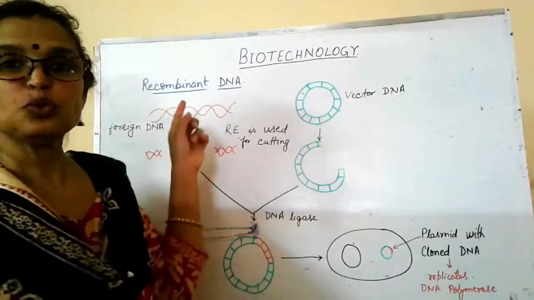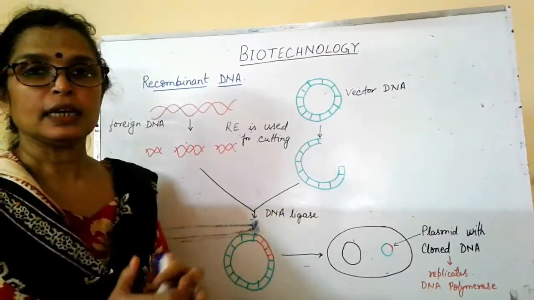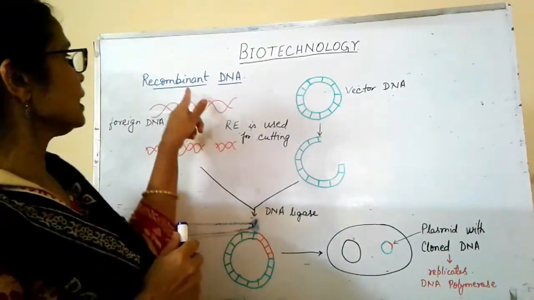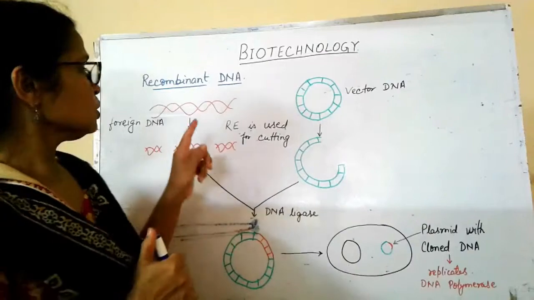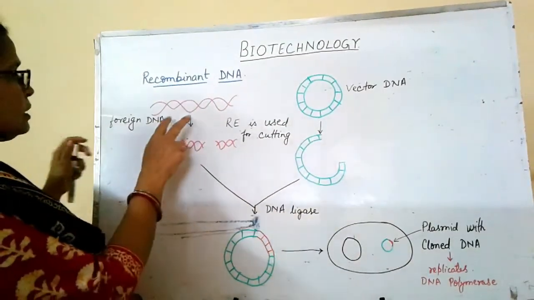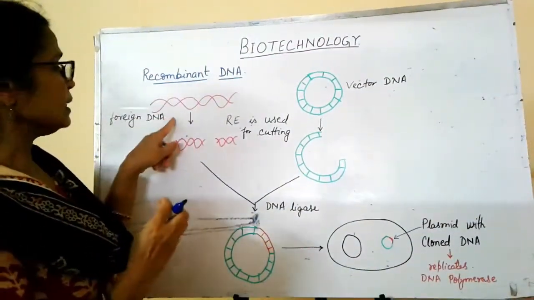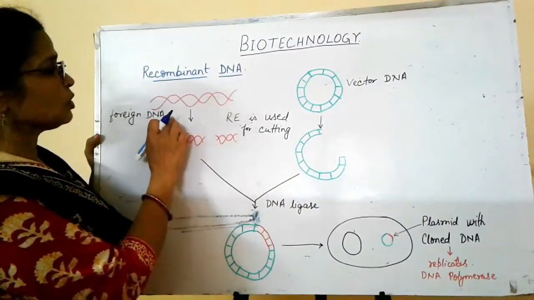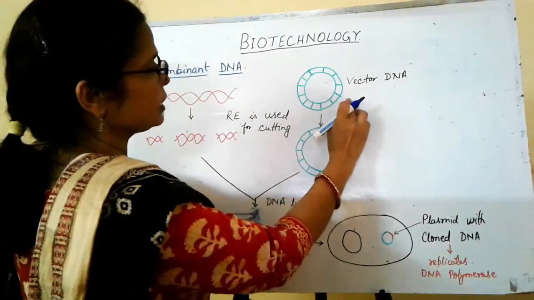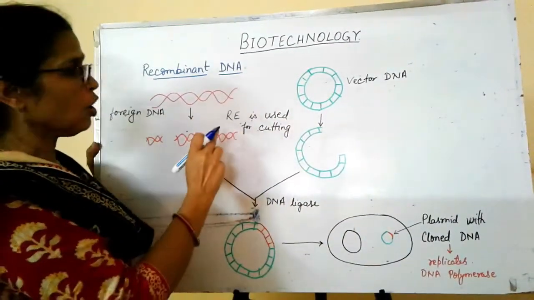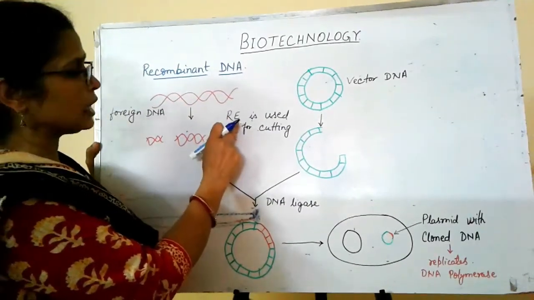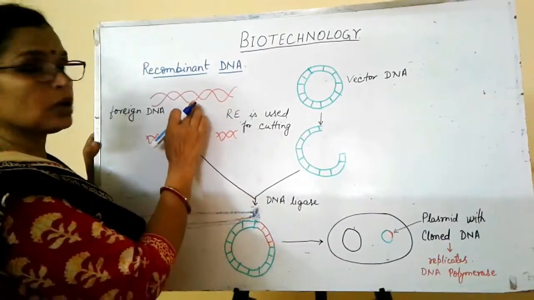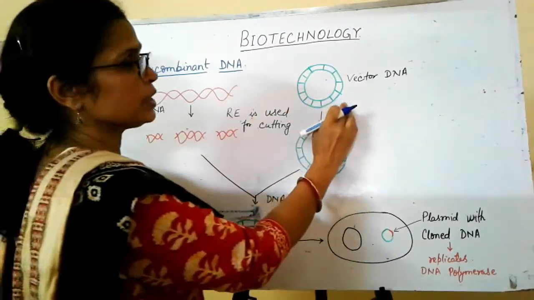We will see it. To form recombinant DNA, we have to combine the DNA of two different organisms. This is the foreign DNA, the desirable piece of DNA that we have to insert, and this is the vector DNA. The same type of restriction endonuclease enzyme is used to cut this foreign DNA and this vector DNA.